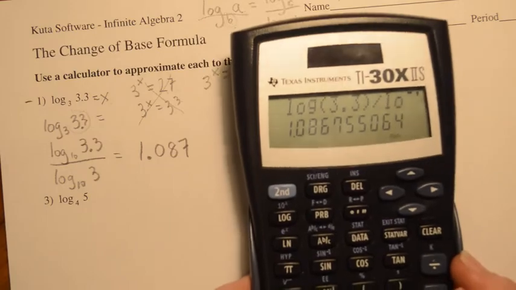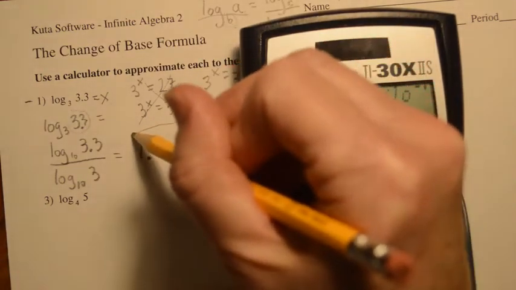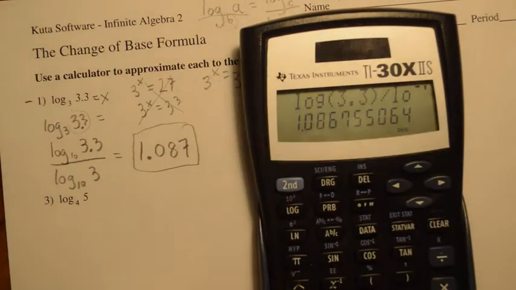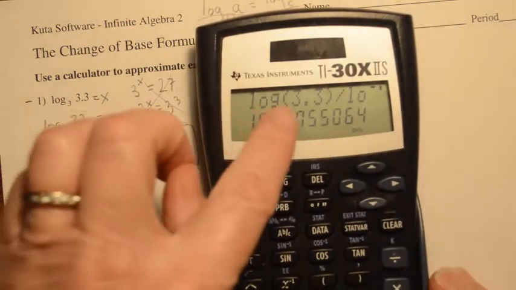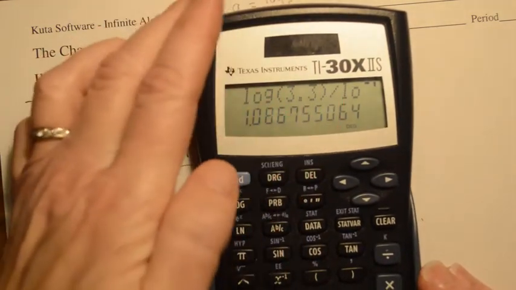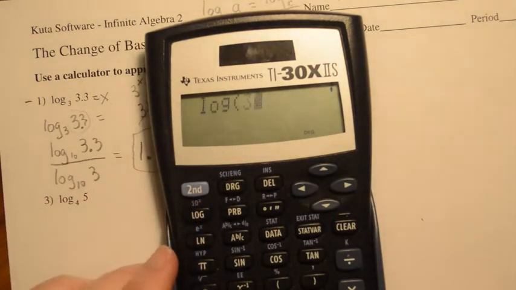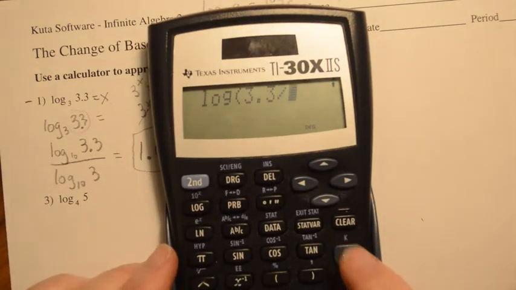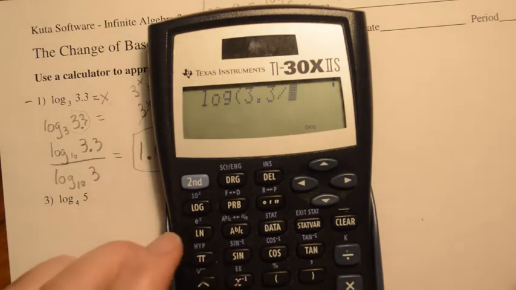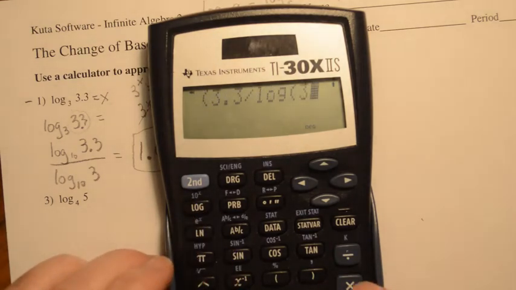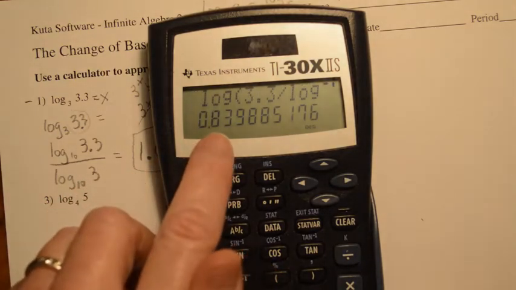Now, two things that I just want you to see, if I didn't close that parentheses, what would happen here. So I clear that and I do log of 3.3 divided by log of 3, and I close the parentheses. Now, it's going to give me the wrong answer.